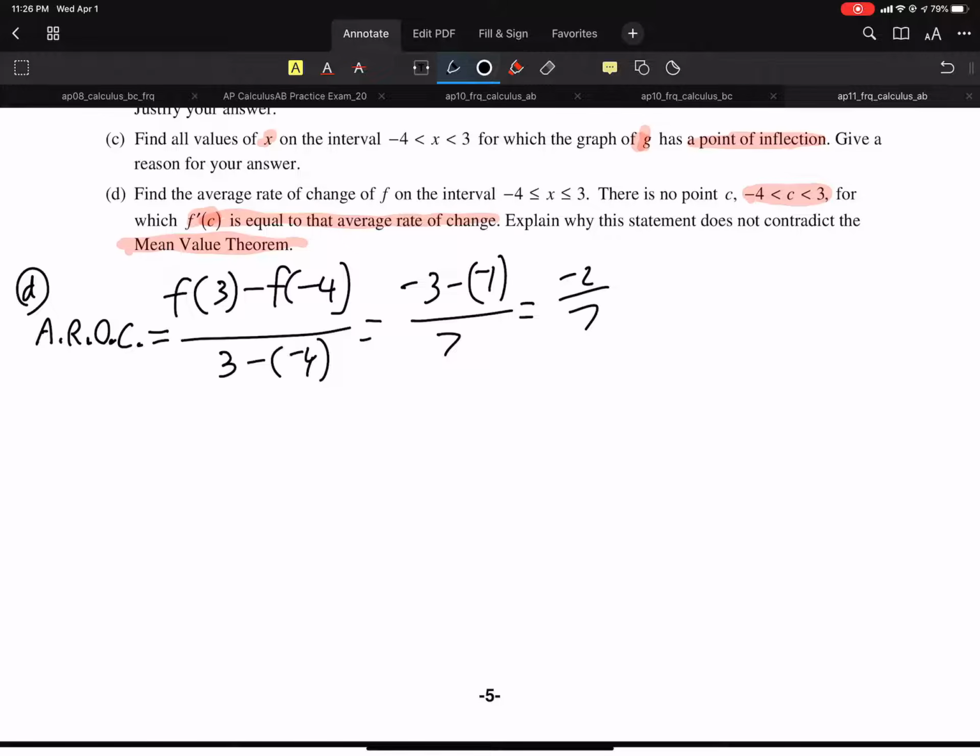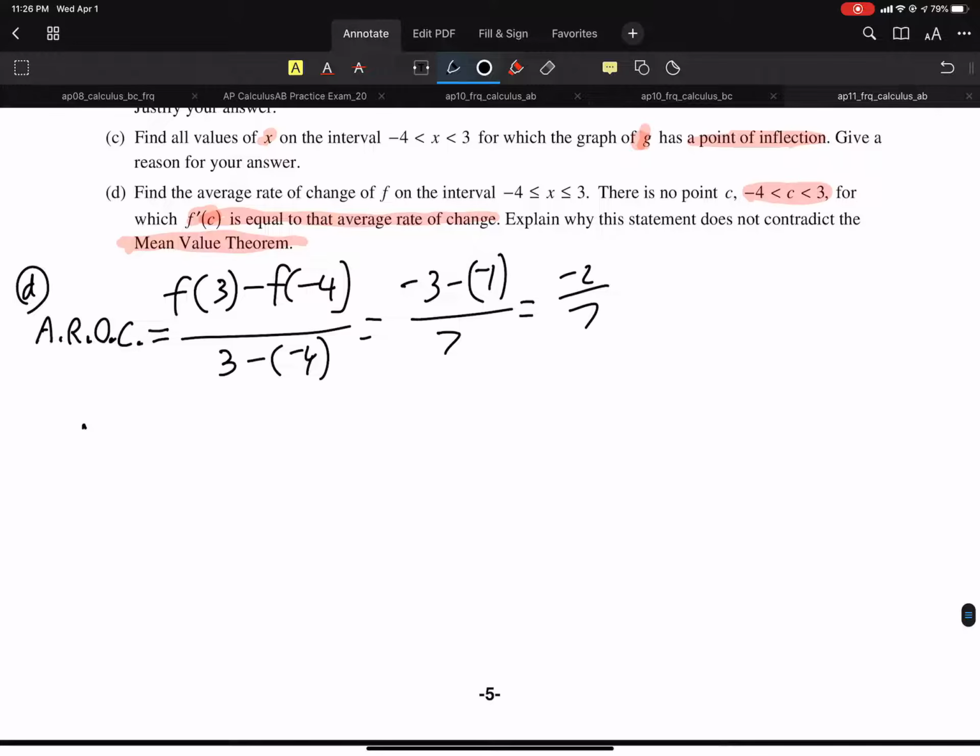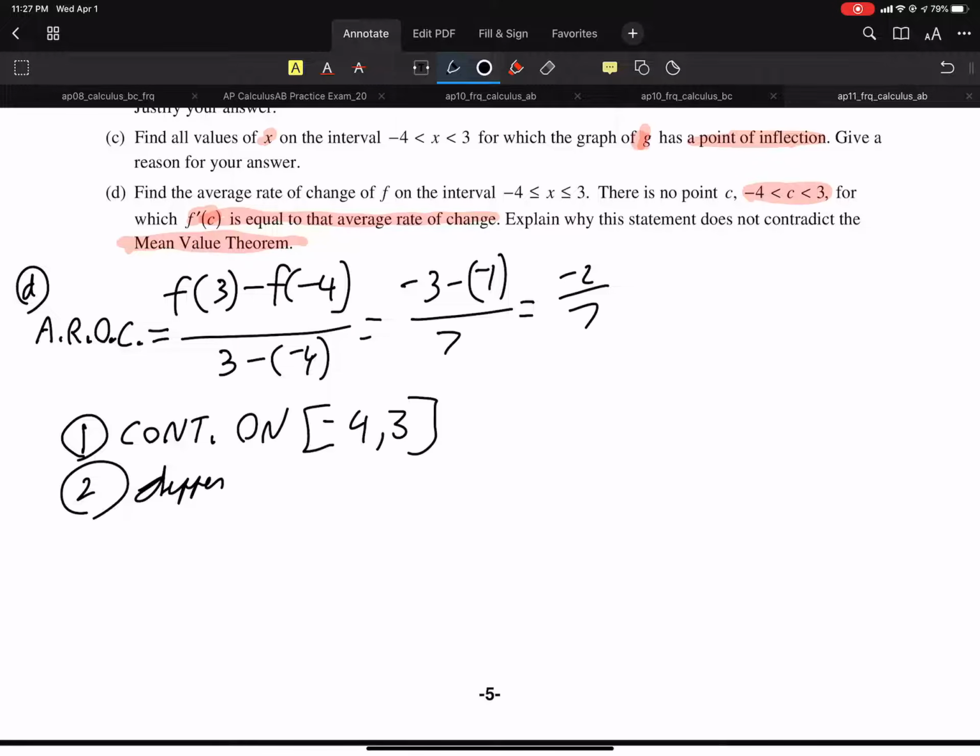So it must have to do with the conditions. You need to know the conditions for the mean value theorem. The first condition is it must be continuous on a closed interval. And the second must be true. It must be differentiable on the open interval.